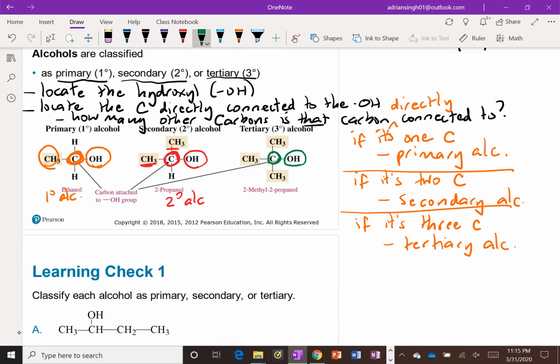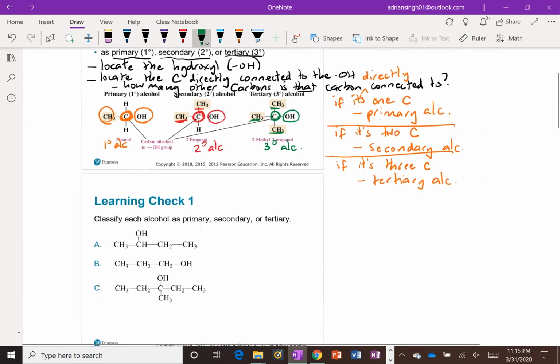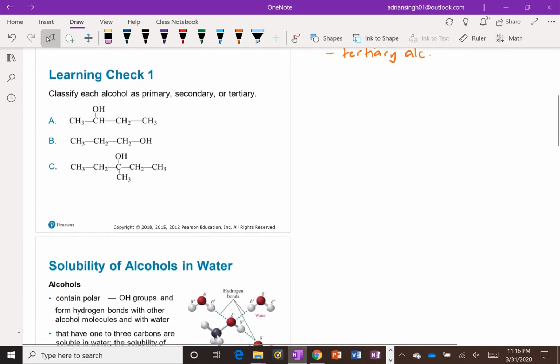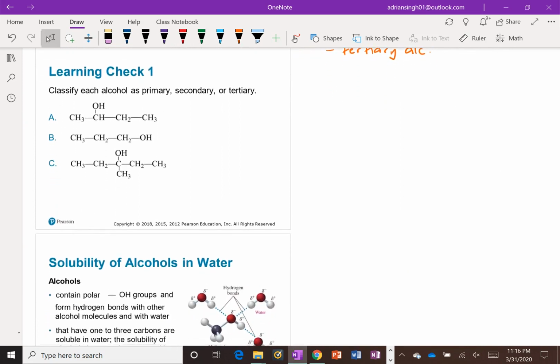This is the carbon directly attached to it. How many other carbons is this carbon directly connected to? Well, 1, 2, 3. So that would be a tertiary alcohol, right? So we have to identify what type of alcohol we're dealing with in order to determine what type of reactions it is going to undergo.